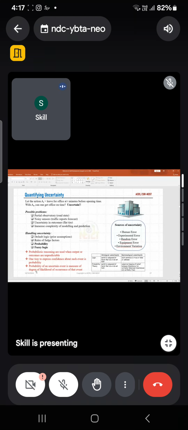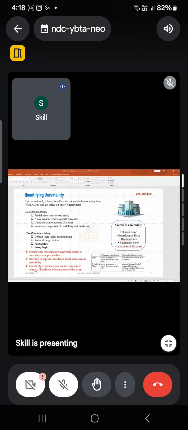It is a measure of the degree of likelihood of occurrence of an event, or the probability of an uncertain event. The sources of uncertainty mentioned here are human error, experimental error, random error, equipment error, environment variation. As I already explained in the possible problems, this kind of uncertainty is associated, so we have to deal with it in certain situations while solving such problems.